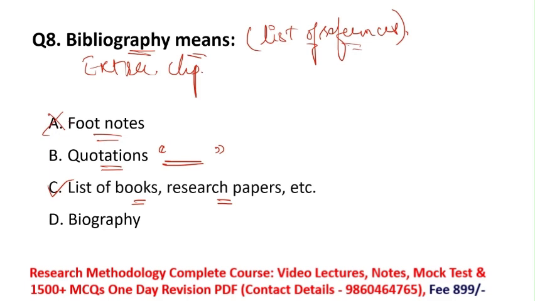Quotation means a passage referred to, or the personalities who told that specific sentence. So option B is also incorrect. And option D, biography. As you all know, biography is usually the written history of a person's life. So option D is also incorrect. So for this question, option C is the right answer.